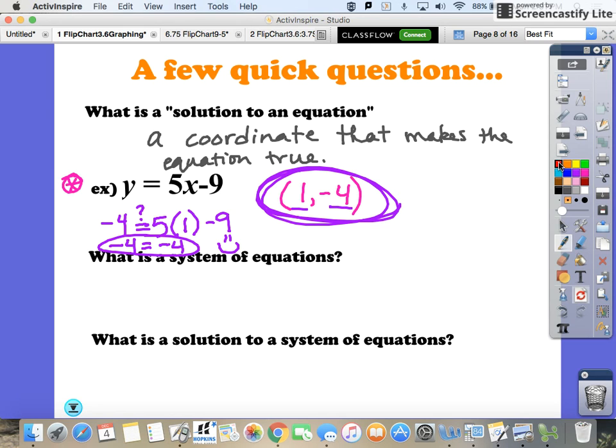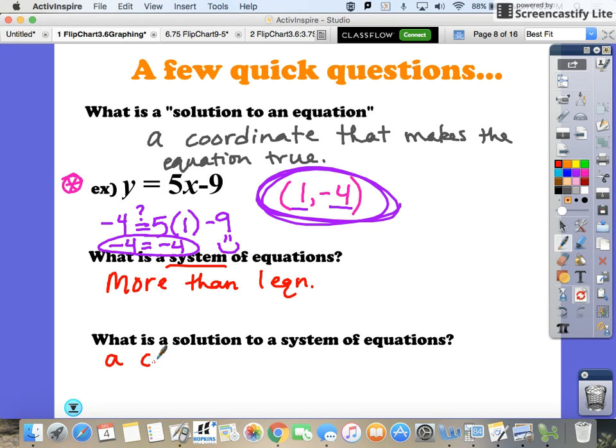The second thing is, what is a system of equations? A system means more than one thing, so it's more than one equation. And then what is a solution to a system of equations? It's a hybrid of these first two things.